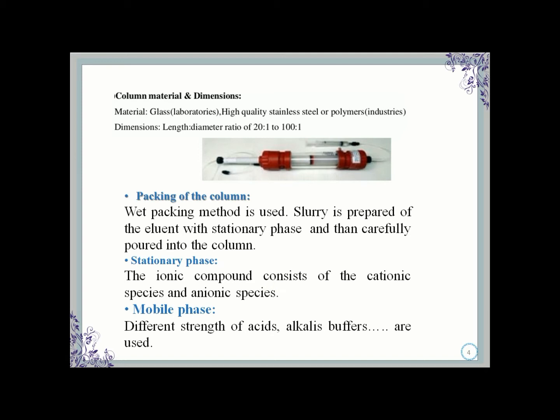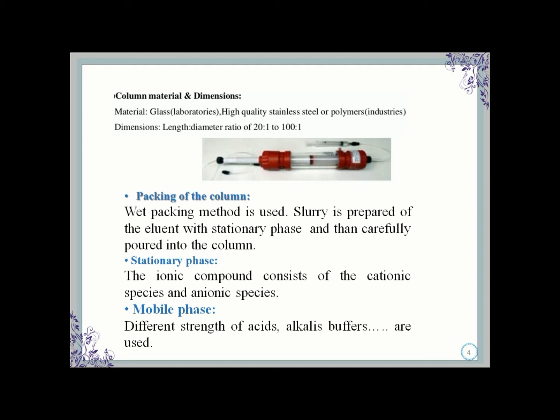I already told you that the stationary phase consists of solid adsorbent resin to which the functional group is attached. So cellulose and silica are the materials from which our resins are prepared, to which our functional group will attach.